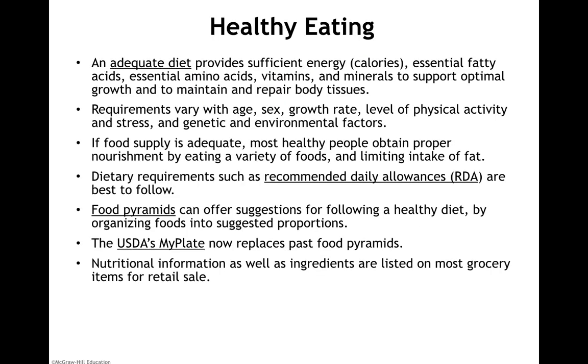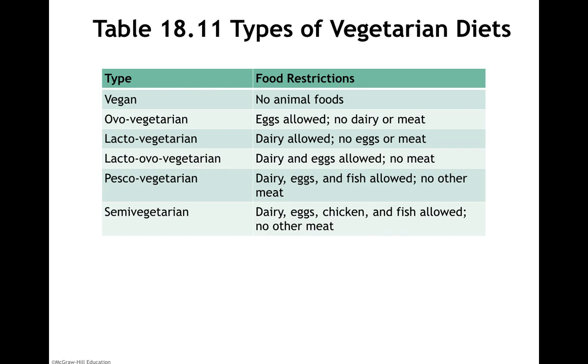I am not going to tell you how to be a healthy eater. MyPlate, from the USDA, that you learned about in high school and you will learn about in your nutrition classes, is a great resource. Just quickly, some types of vegetarian diets would include vegan, ovo-vegetarian, lacto-vegetarian, lacto-ovo-vegetarian, pesco-vegetarian, and semi-vegetarian.